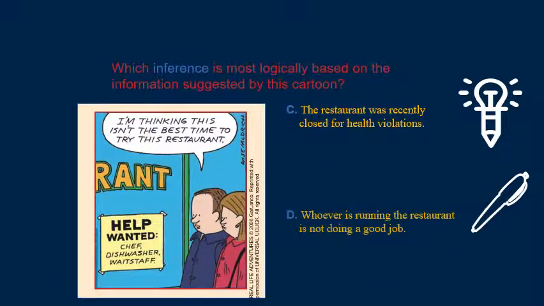Now, what about these two options? C, the restaurant was recently closed for health violations, or D, whoever is running the restaurant is not doing a good job. Which one is more logical based on the information suggested by this cartoon? Right, if your answer is D, you get it right.